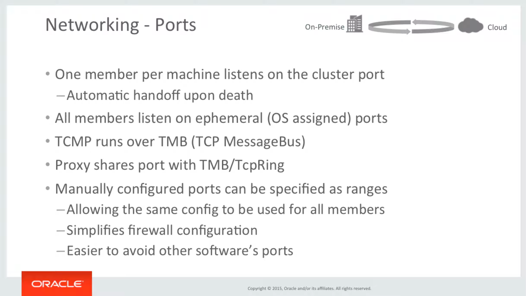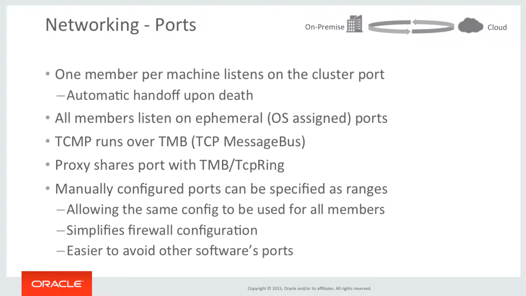So again, this just ends up meaning that it's easier on the end user. These random ports really aren't important to the end user. It's only important to the cluster members that are up and running at that time, and we're able to share that information through Coherence.